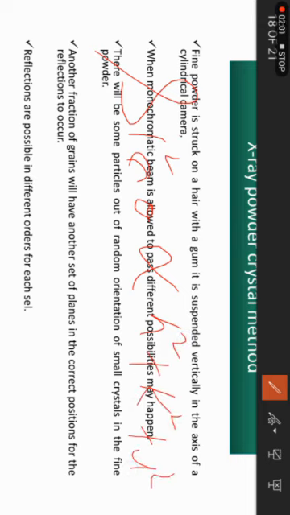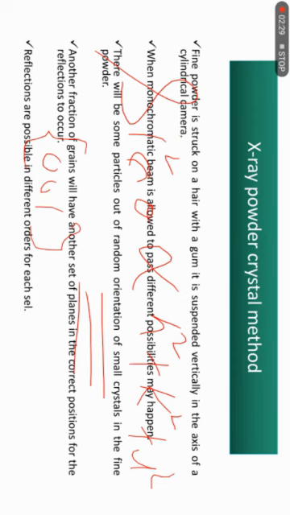This relation will give us the family of planes that we are using in that cylinder. We get those families of planes for which, if h square plus k square plus l square has the value of 1, it can be 001 or 100, so that's why I've used this curly bracket, which represents the family of planes. So this helps us in determining the crystal structure.